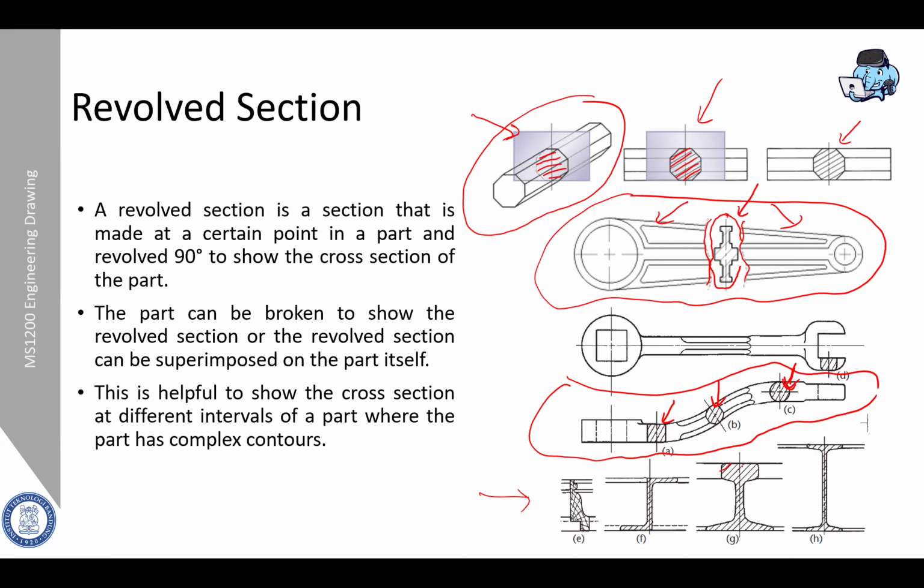And this cross section actually shows you the cross section of the beam, and it is already revolved 90 degrees. So the beam is basically like this one, as you can imagine.